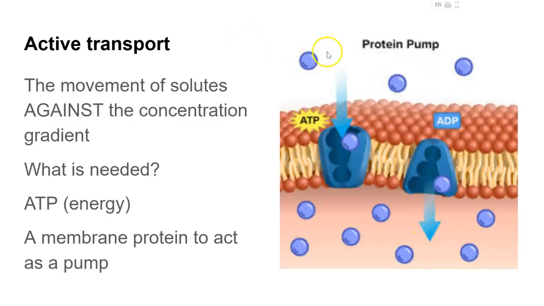You see how if this were diffusion, these guys would be spreading out onto the other side, but this is why active transport is usually against the concentration gradient. What is needed? We need ATP energy, and we need a membrane protein to act as a pump. The ATP will give the energy to the protein to do the pumping, right? If you're pumping something, you require energy to do this.